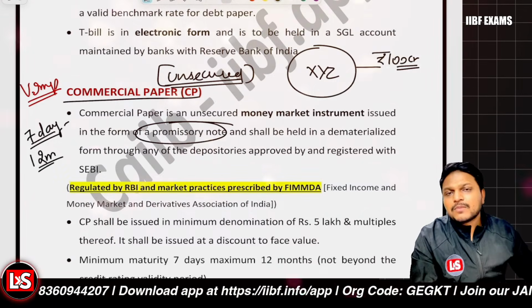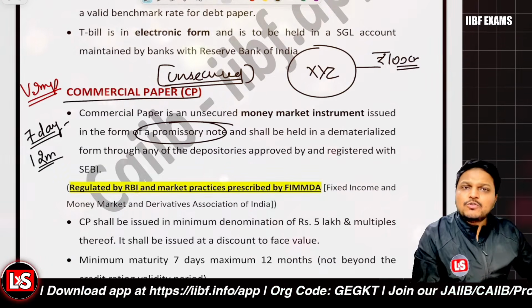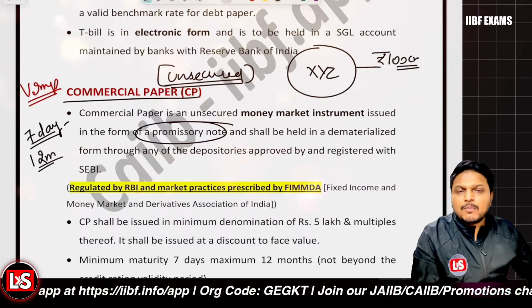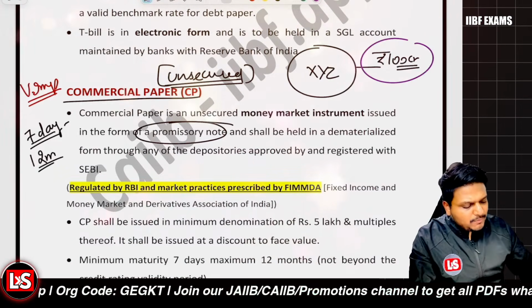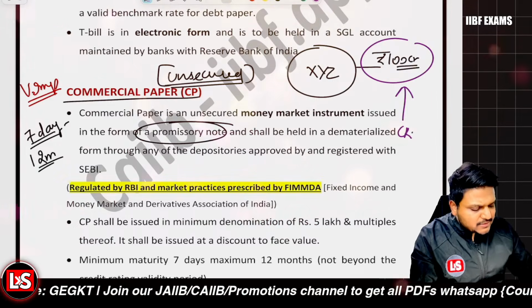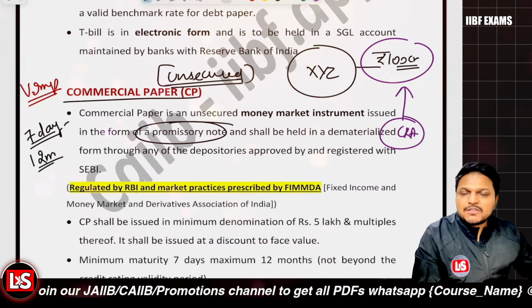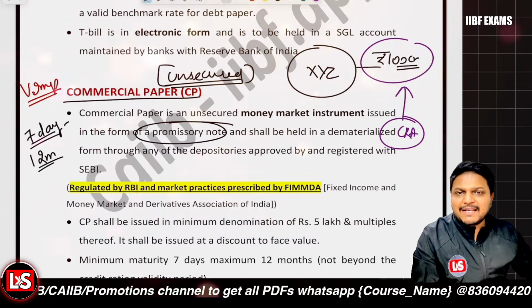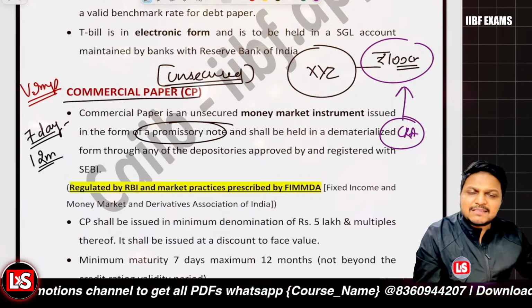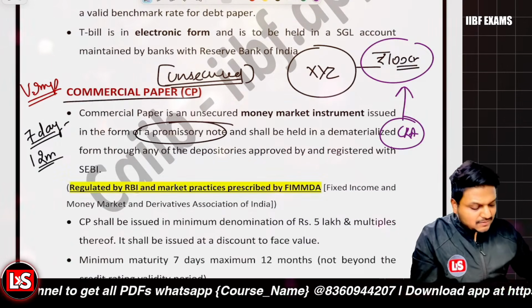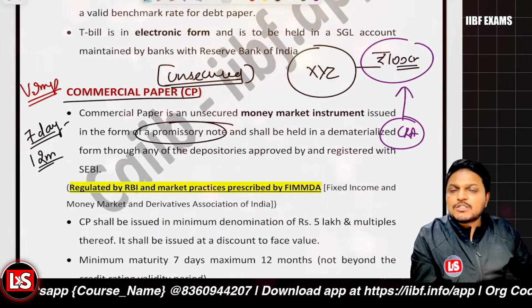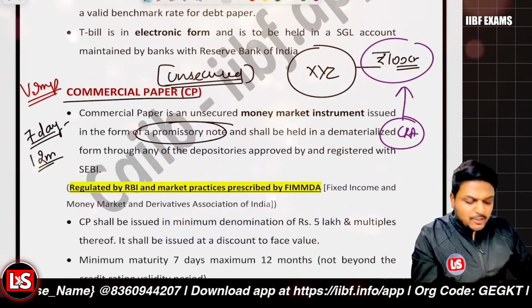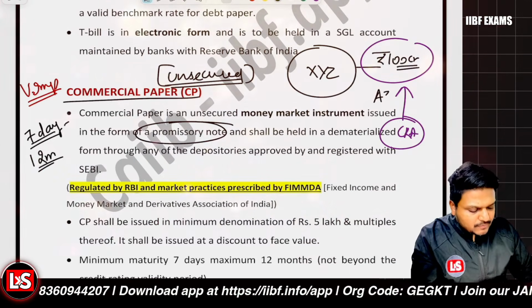Now, first of all, if you want to raise capital in the form of commercial papers, you have to get a credit rating, and that credit rating will be issued by the credit rating agency. So we have the credit rating agencies, let's say CRISIL, ICRA, or S&P or something, right? The credit rating agency will be issuing the credit rating, and the minimum credit rating required in case of commercial papers is A3.